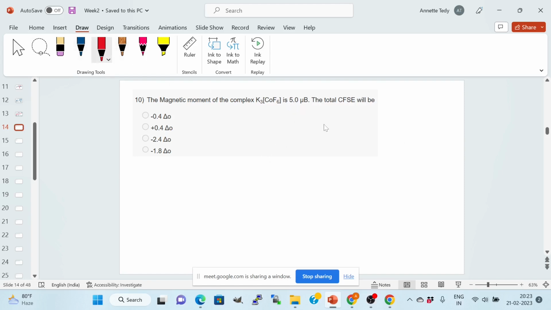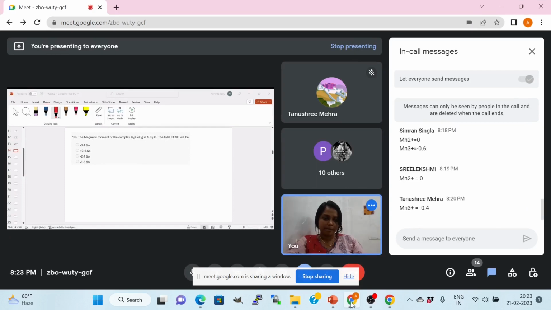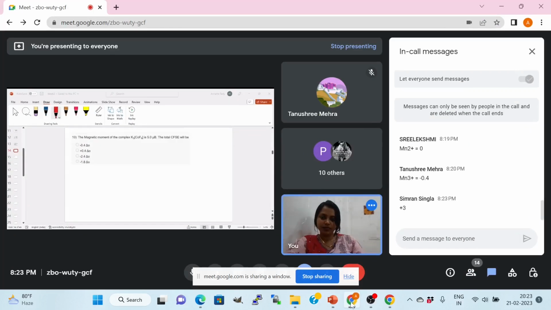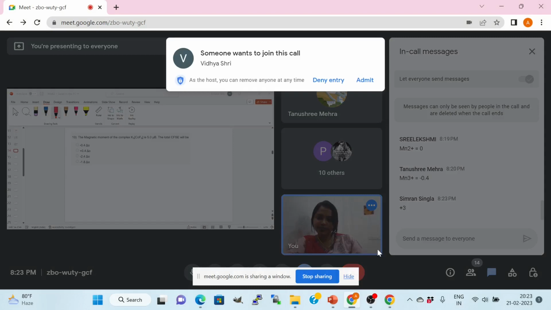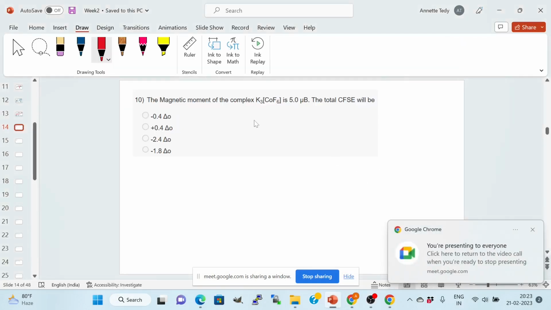Here we'll first look at the oxidation state of cobalt. Can you please put it in the chat box? What is the oxidation state of cobalt? Right, so the oxidation state of cobalt here is 3+.